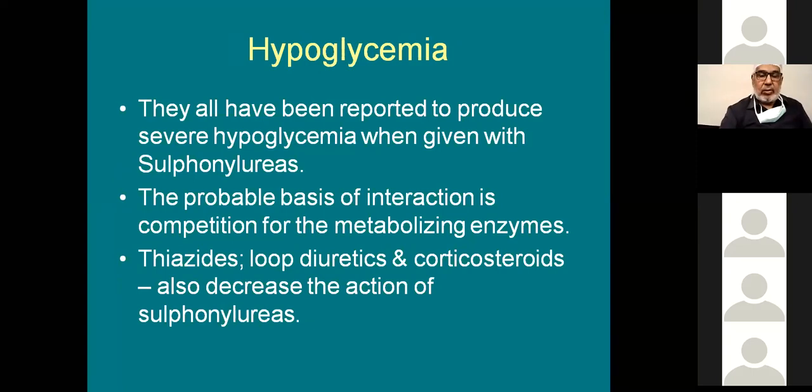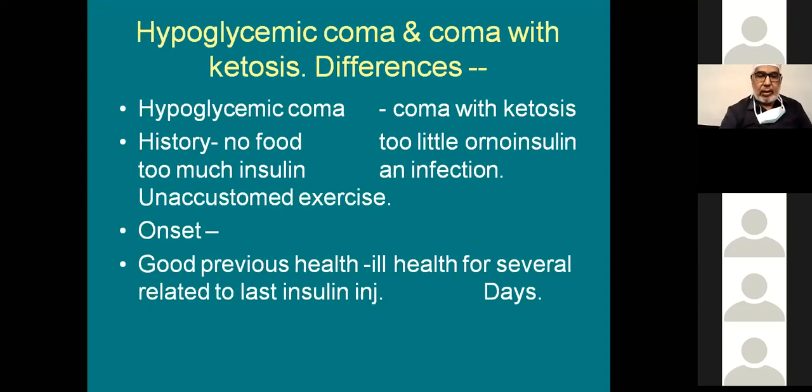Hypoglycemia, which we have discussed a little, they all have been reported to cause severe hypoglycemia when given with sulfonylureas. The probable basis of interaction is competition for the metabolizing enzymes. Thiazides, diuretics and corticosteroids decrease the action of sulfonylureas.